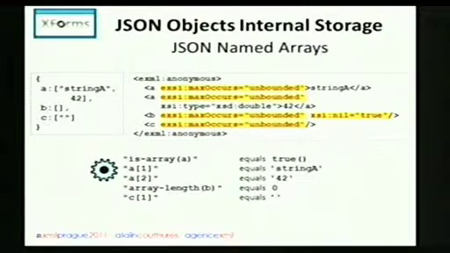So if we consider an XPath expression such as A square bracket 1, it returns string A. With JSON and JavaScript, you would have A square bracket 0. That's the only difference. You have to add 1. That's all.